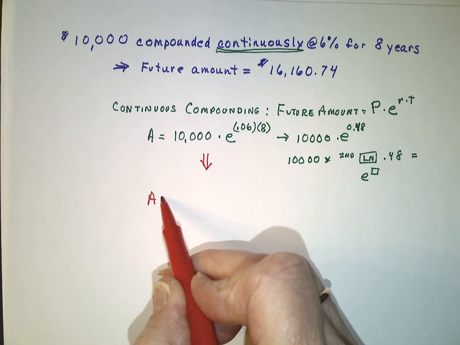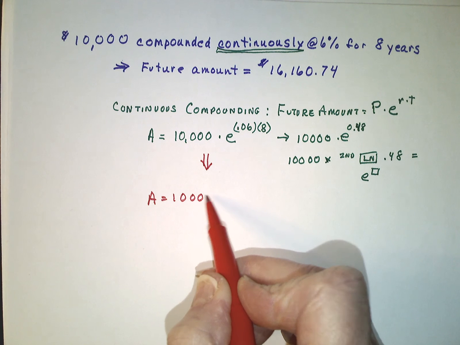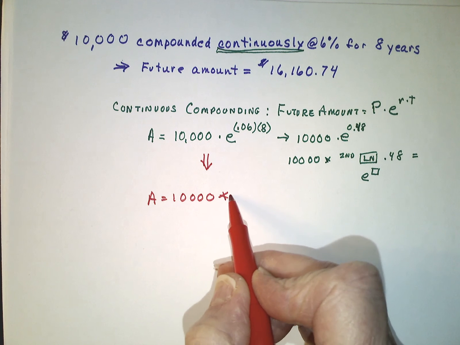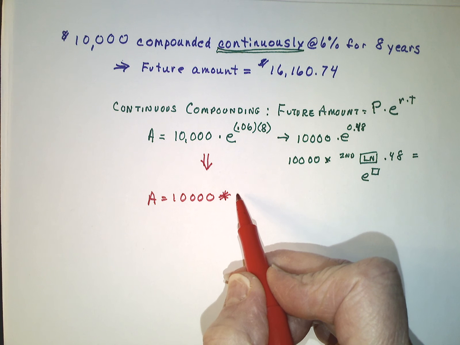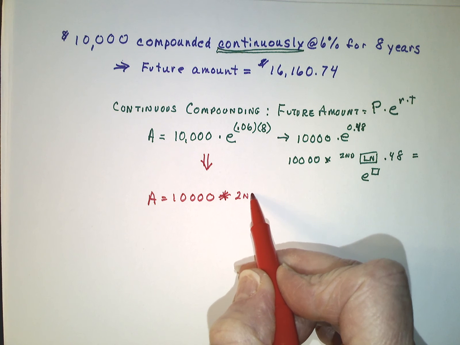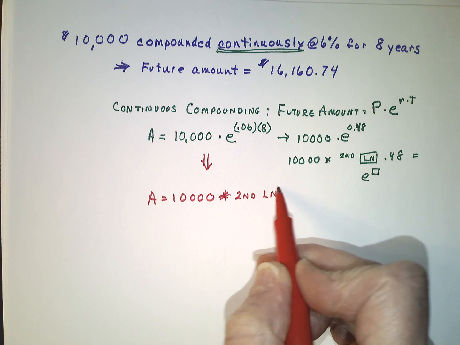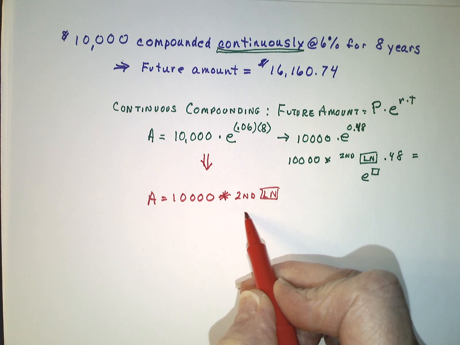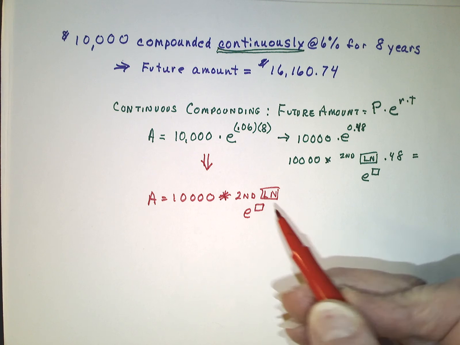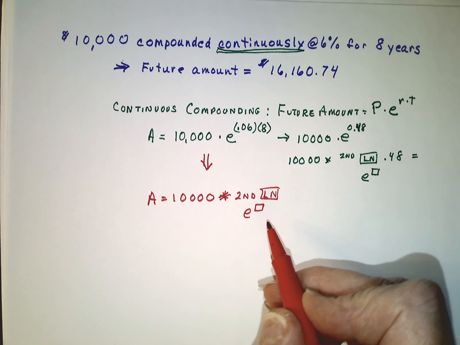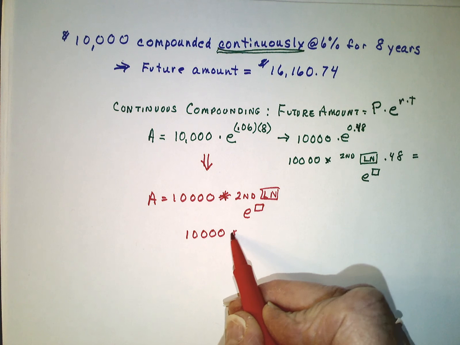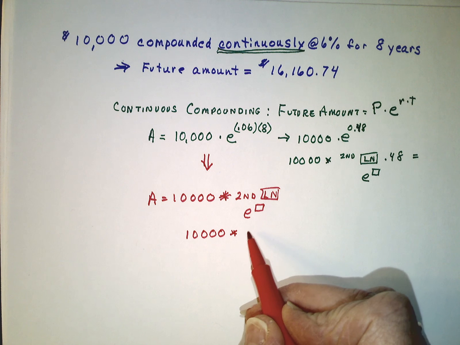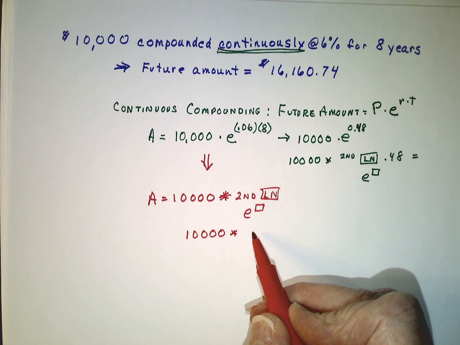So it could be, take 10,000 times, and you do your second ln, or you have a direct e to the x key, so that you get e to the x. It could be that you might have to enter that as 10,000 times, and get the e to the whatever power it wants you to put in there.